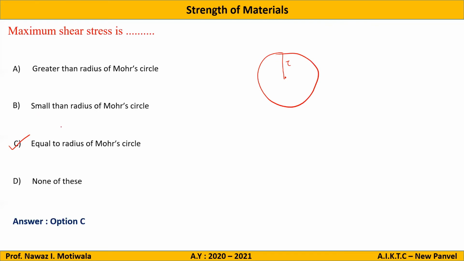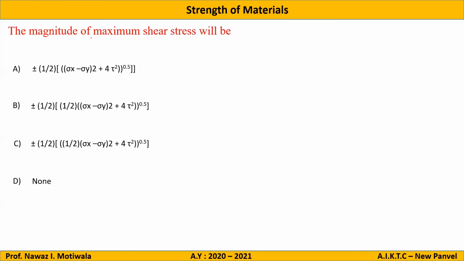Next question. The magnitude of maximum shear stress will be. It's quite simple, a direct formula application. If I go from the formula base, not from the Mohr circle, I have tau max is equal to plus or minus half square root of (sigma x minus sigma y) square plus 4 tau square.